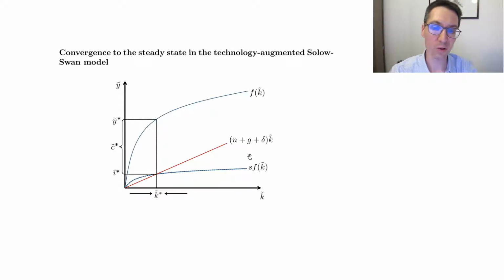But they're going to reach a steady state in terms of per effective worker. So capital should, in the long run, converge to this level k tilde star of capital per effective worker. Output should, in the long run, converge to this level of output per effective worker, consumption per effective worker, and investment per effective worker. So everything looks the same, it's just that we have changed the denominator, basically.